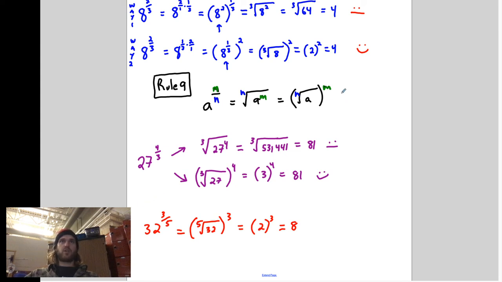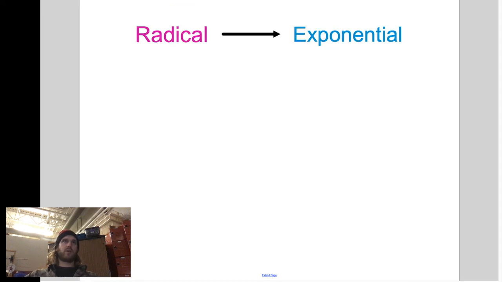So just make sure you're using this rule. That's rule number 9. You're also going to be asked to evaluate those kinds of questions. So when you're going from radical to exponential, if it's written like the 5th root of x to the 4th, you would write that as x to the 4/5, okay? Radical to exponential.